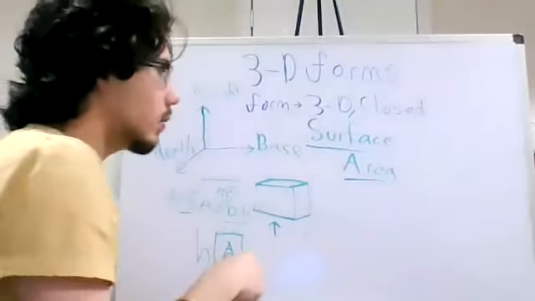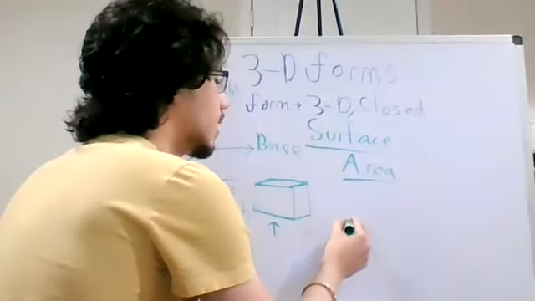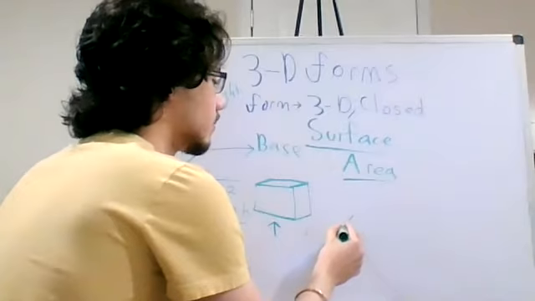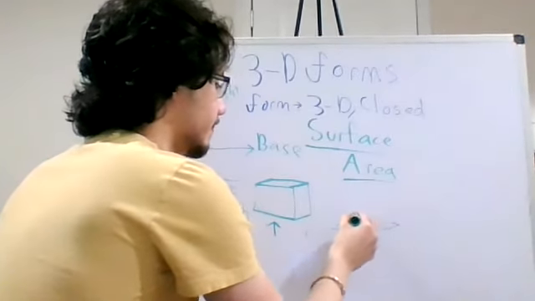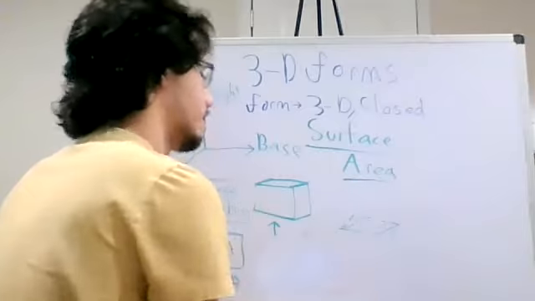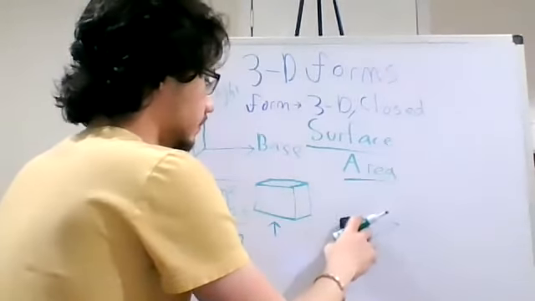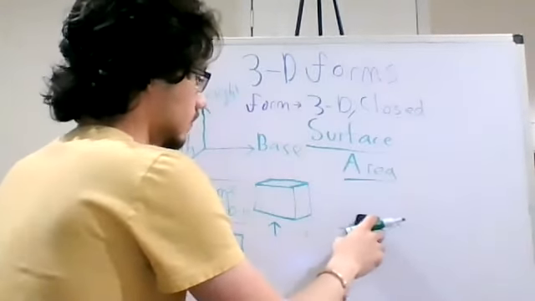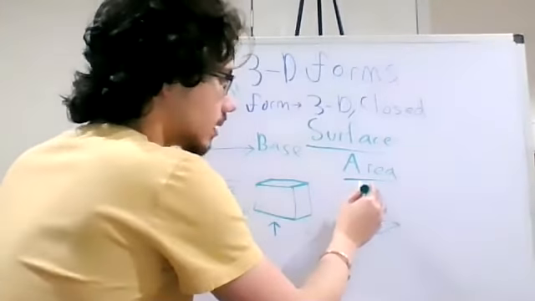So we can do this, for example, with a pyramid. Let's use a square pyramid again. So we have our square pyramid, little dot at the top.